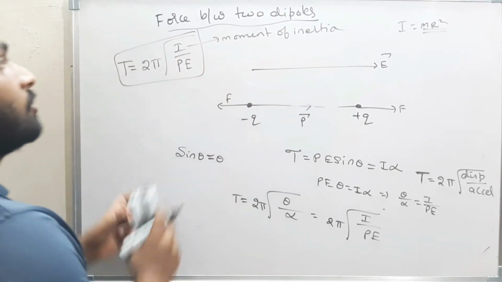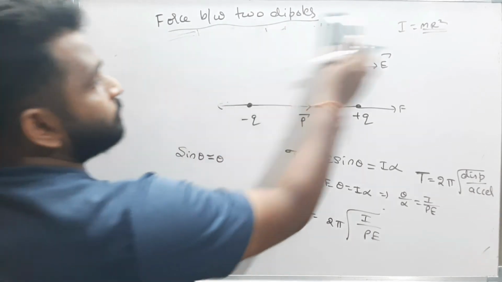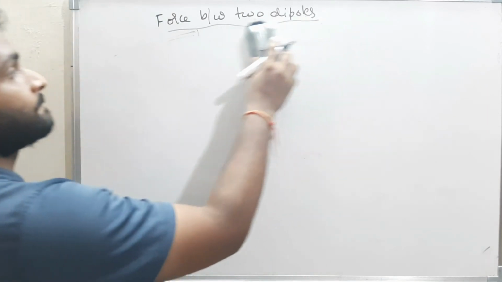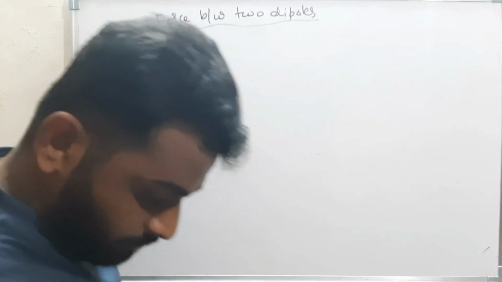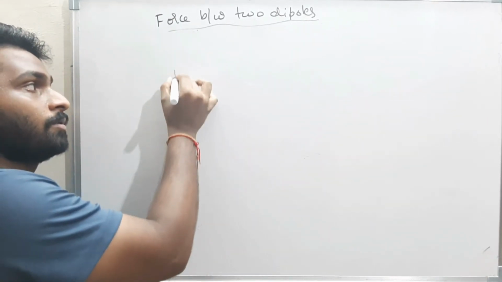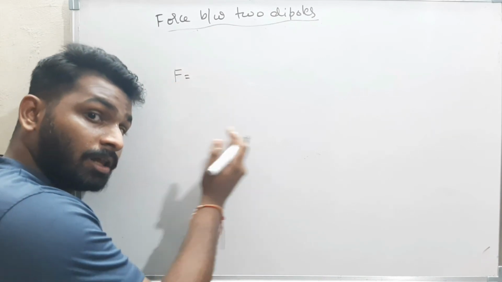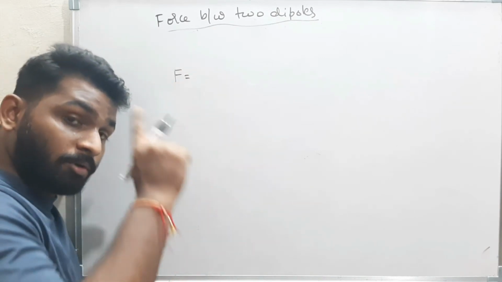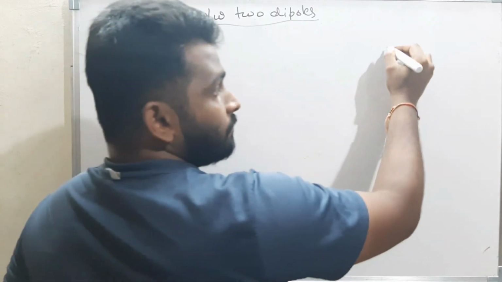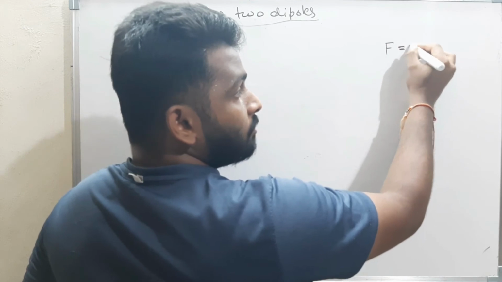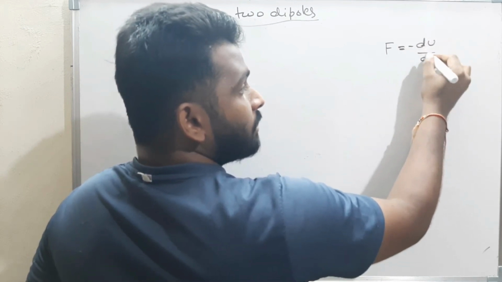Okay, now we will see the actual topic, force. Now see here. Force. What is the relation between the force and the potential energy? Do you remember this? In work power energy we will study. The relation between the force and the potential energy is, the force is equal to minus dU by dx.